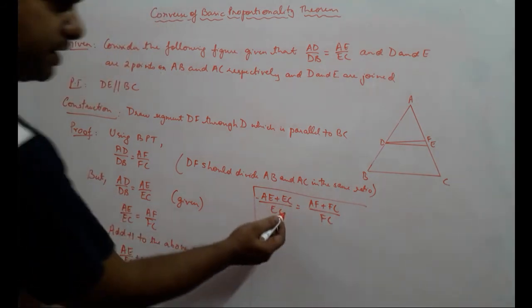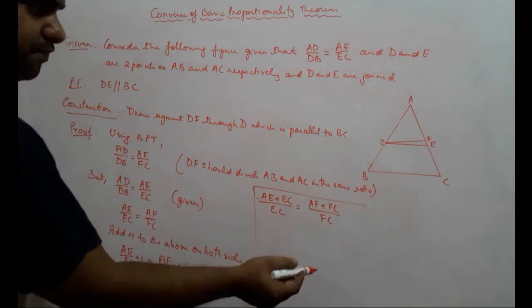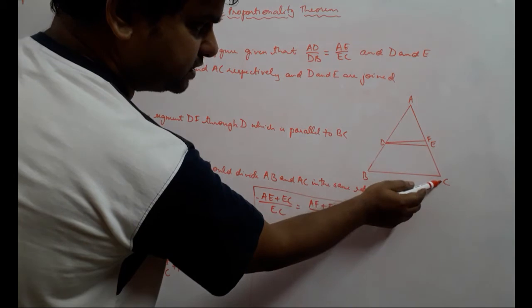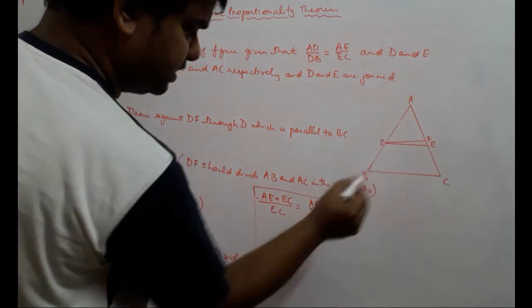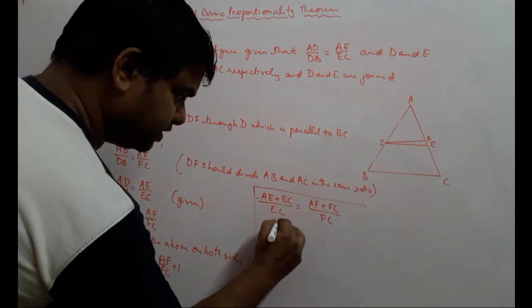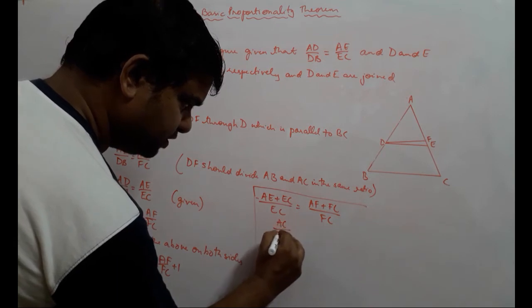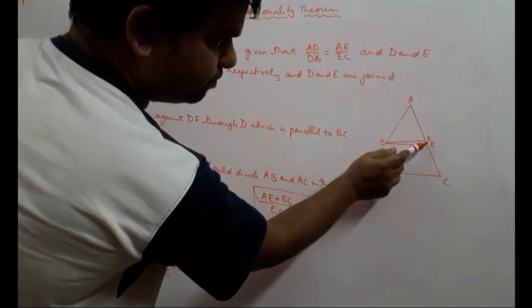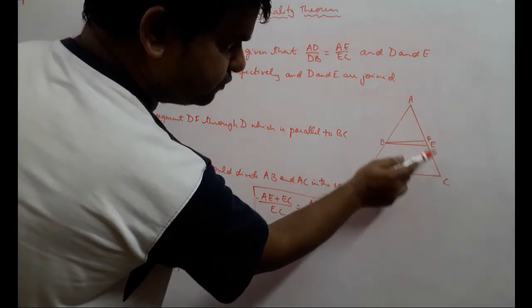If you have a look at your diagram now, what is AE plus EC? AE plus EC is actually the full length AC. So we can write AC upon EC. What is AF plus FC? AF plus FC is also the full length AC.